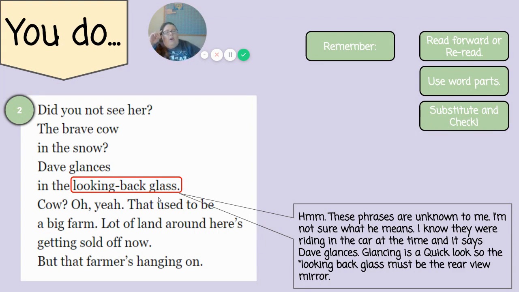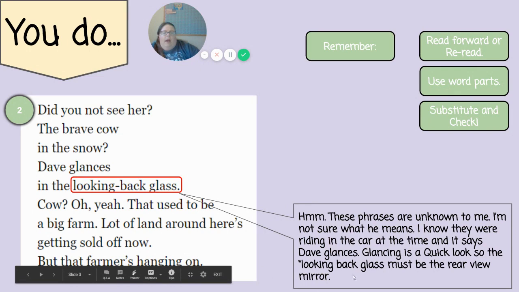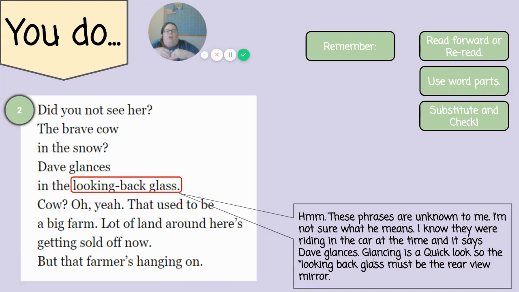And I know that a looking back glass could be a mirror, but because he's driving, I'm thinking it's a special kind of mirror, like maybe the rear view mirror. So we've got to look at who's doing the action, and what this strange phrase might mean. Then we have to piece it all together and do a substitute check.